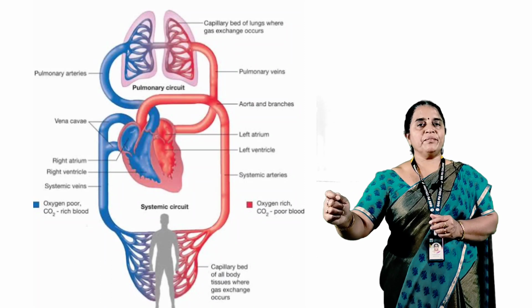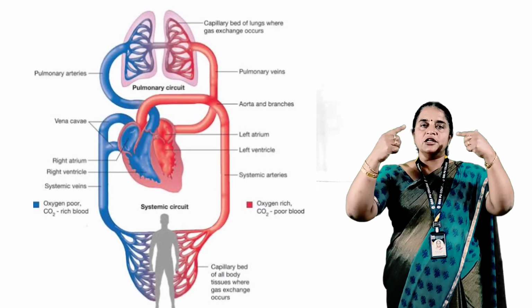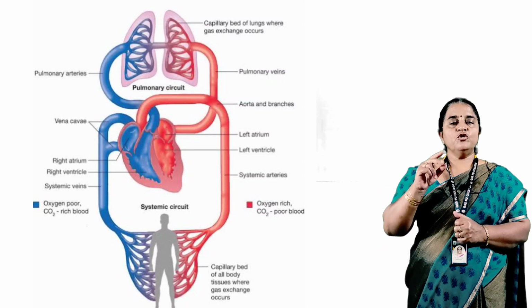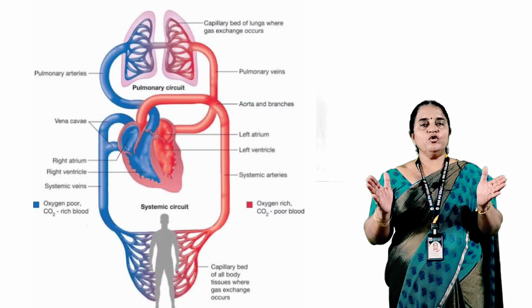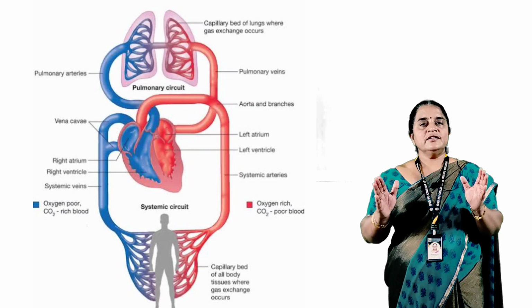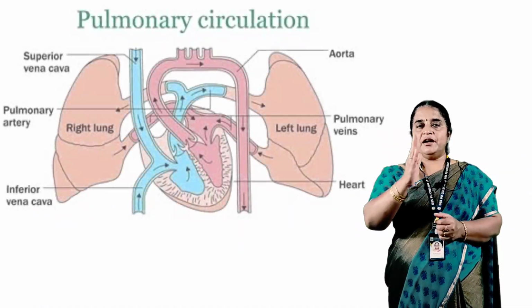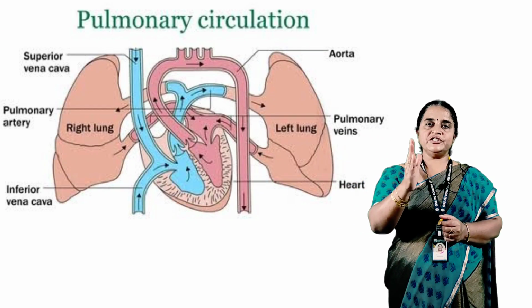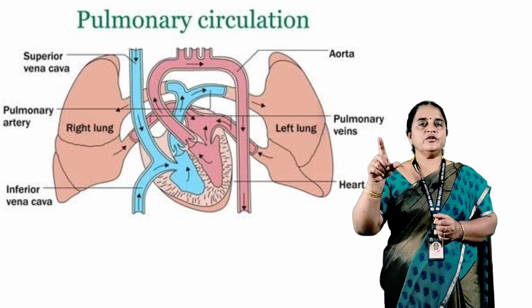Before the blood distributes to the different body parts, the blood flow enters twice in the heart. That's why the heart acts like two pumps, separating two blood flows, maintaining two circuits. The blood flows from heart to lungs, lungs to heart for oxygenation, known as pulmonary circulation.